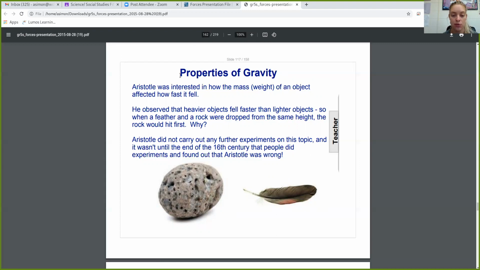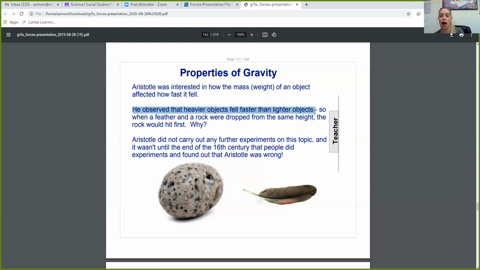So go ahead and put this down, please. Properties of gravity. Aristotle was interested in how the mass of an object affected how fast it fell. He observed that heavier objects fell faster than lighter objects.